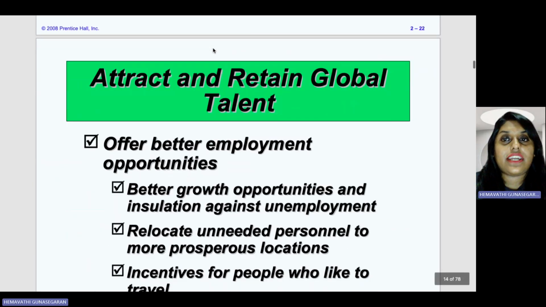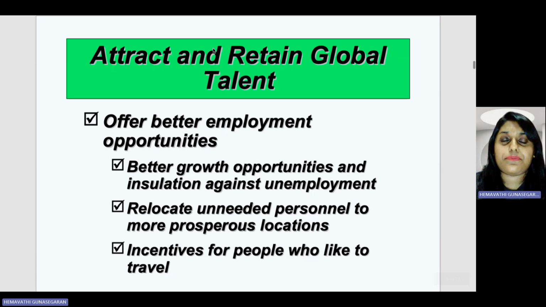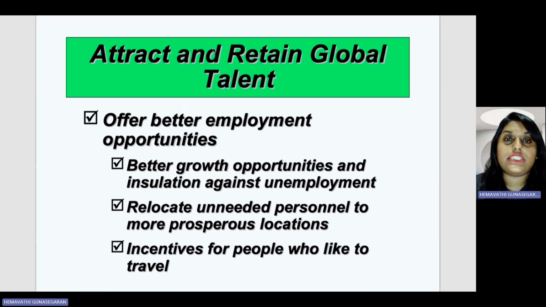And then attract and retain global talent. This is one of the main things, right? When you are going to go for a different organization or different countries, right, you are going to globalize your company. So when you are going to globalize your company, it is important that your workforce is diversified as well. Your workforce has different talents from around the world.